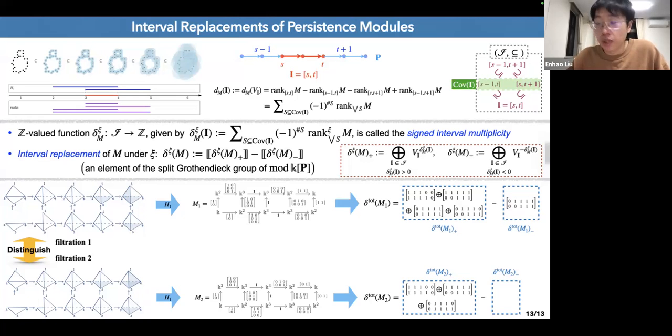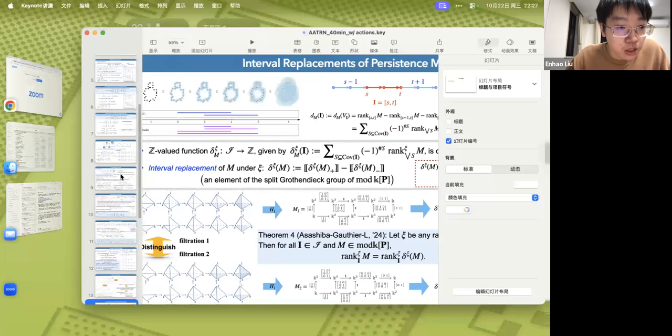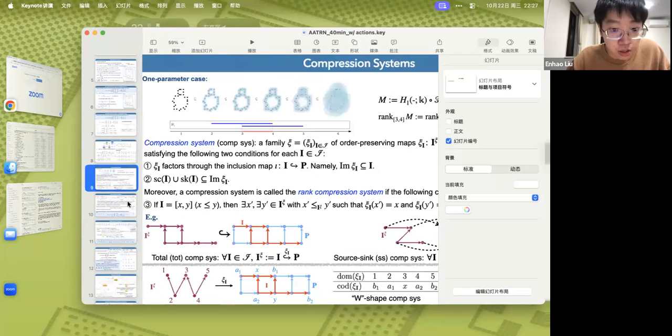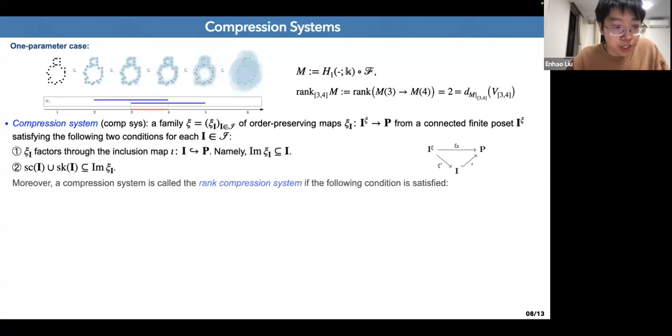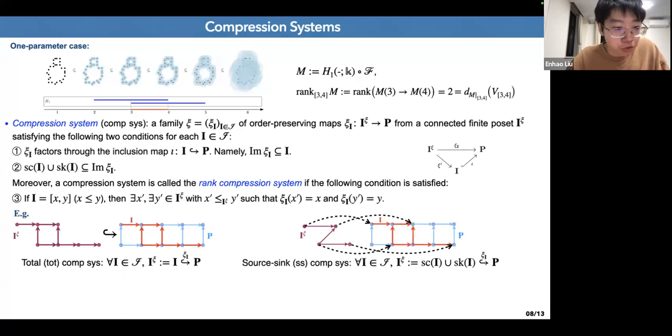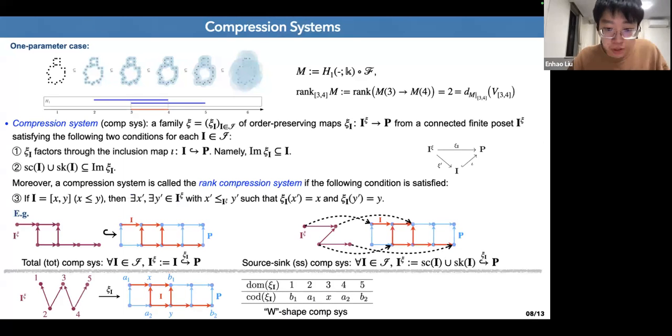Let me return to that page. This is why I introduced these component systems. Maybe many people already know this, but let me review. At the end, I introduced this W-shaped component system, which is not the ranking component system.